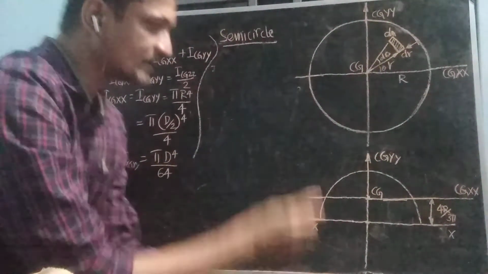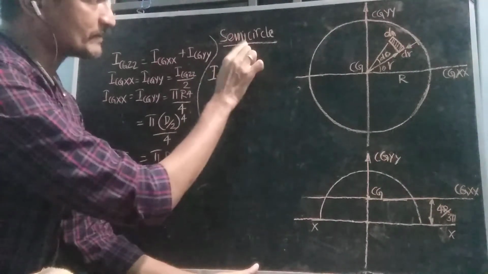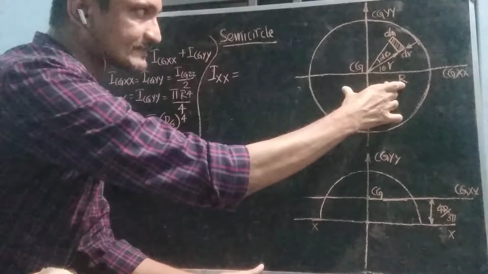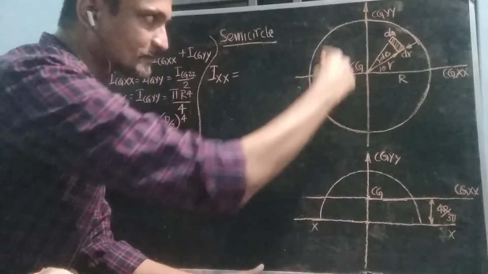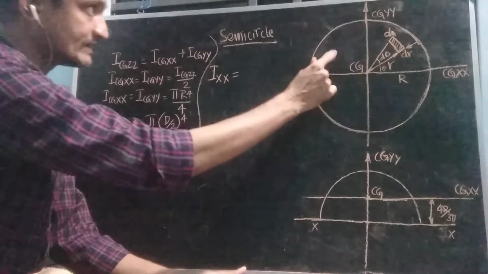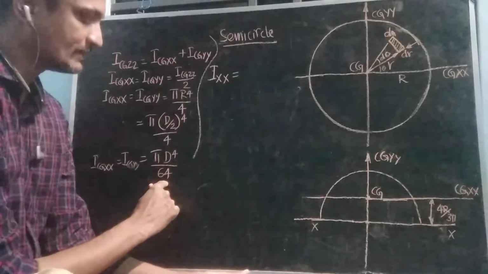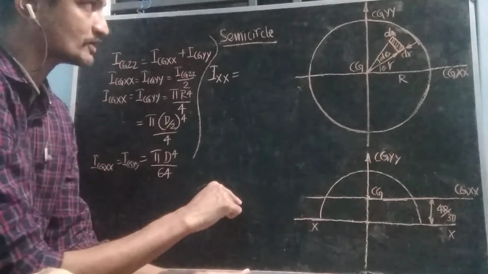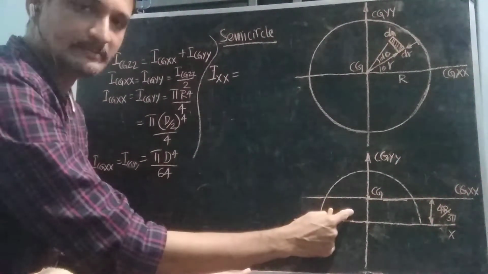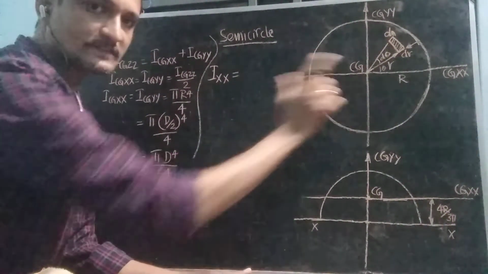So here, in the case of semicircle, Ixx is equal to ICGxx in the case of circle divided by 2. ICGxx in circle is equal to pi d raised to 4 by 64. That divided by 2 is equal to Ixx in the case of semicircle, because the area is exactly half of the area of the circle.